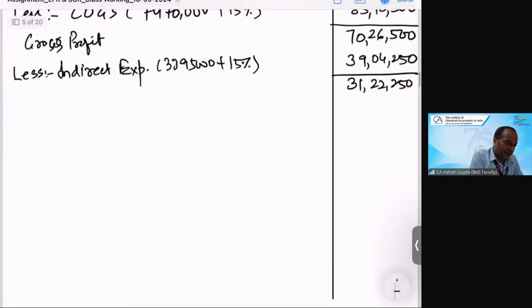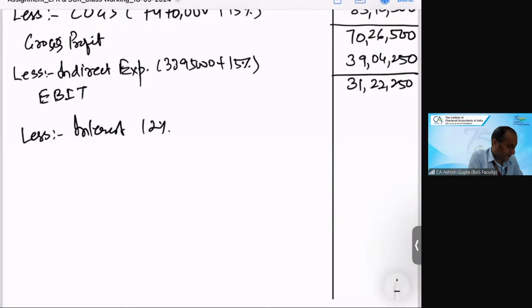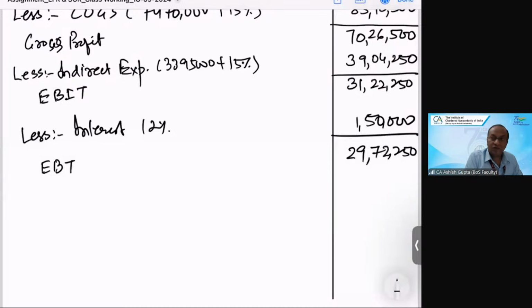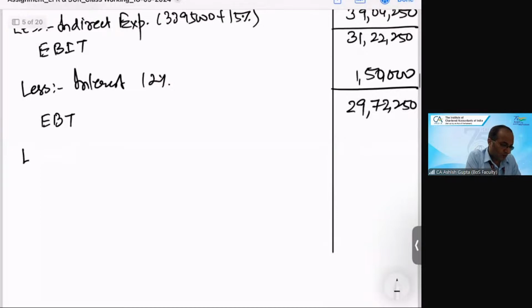Okay, so this will be our EBIT. Next, we deduct the interest. Okay, 12%. This amount is here 29,72,250.